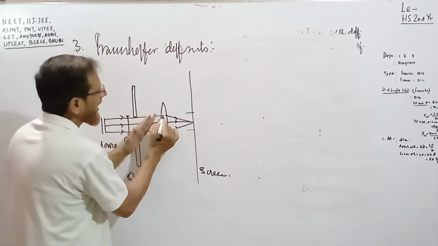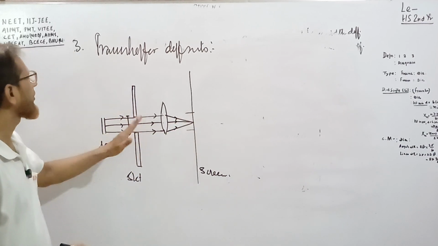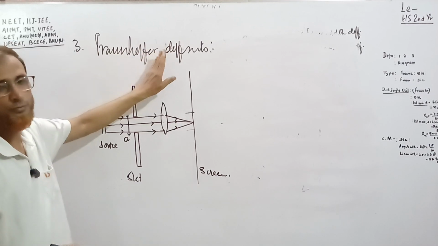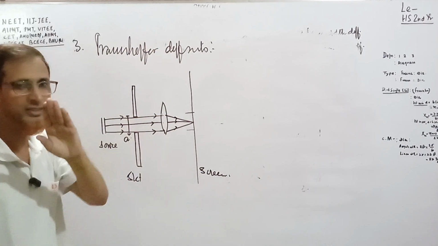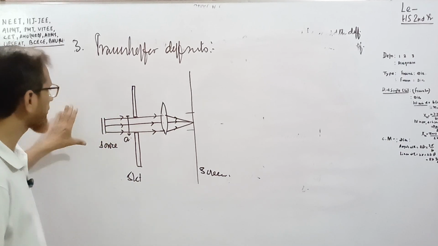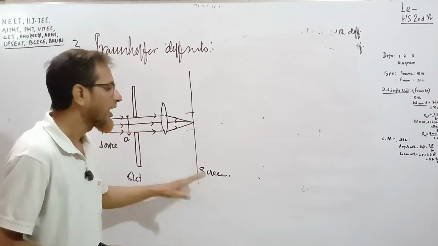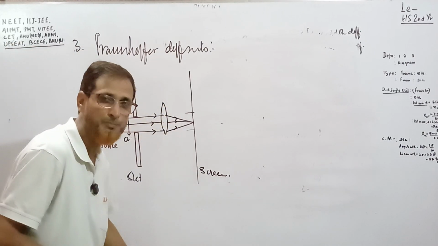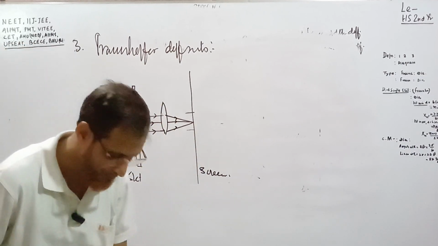Then these parallel lights converge to a specific point. This phenomenon is called Fraunhofer diffraction, where the source and screen are at infinite distance, and the parallel light coming from the source at infinity is made to fall upon the screen after passing through the convex lens, with the screen placed on the focal plane of the lens.